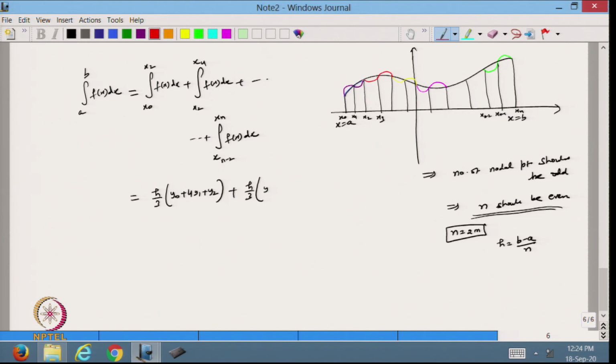You note this is the node, that is the connecting node.